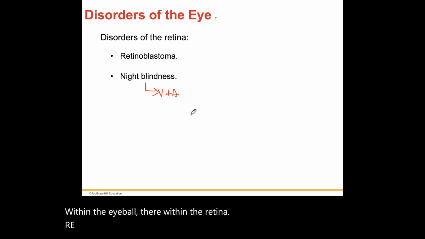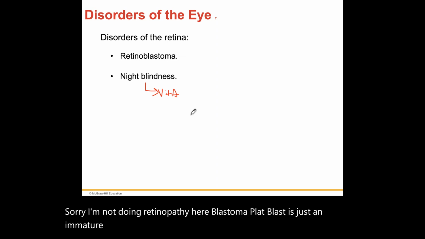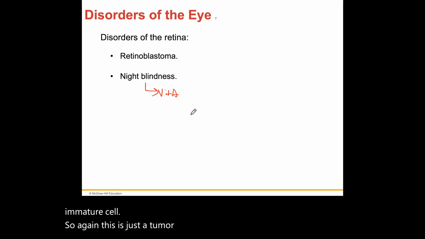Ret, retina. Oma, tumor or mass. Sorry, I'm not doing retinopathy here. Blastoma, blast is just an immature cell. So this is a tumor of an immature cell within the eyeball.